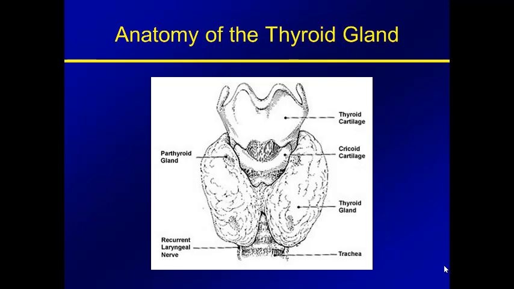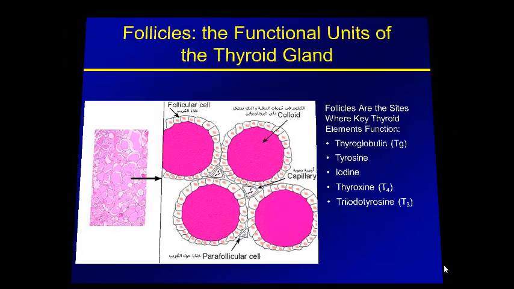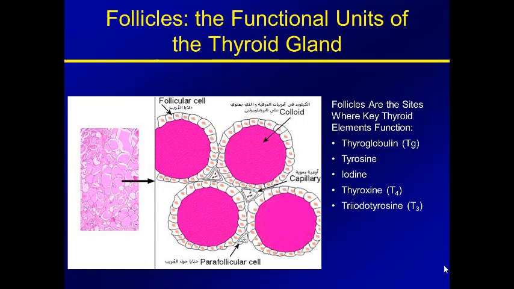Here is the anatomy of the thyroid gland, as you know from your background, the site of the thyroid gland: right lobe, left lobe, isthmus, and beneath that the parathyroid glands, with the recurrent laryngeal nerve and trachea underlying these glands. And as you see here, the histological pattern of the thyroid gland, the functional unit of the thyroid gland is the follicle.